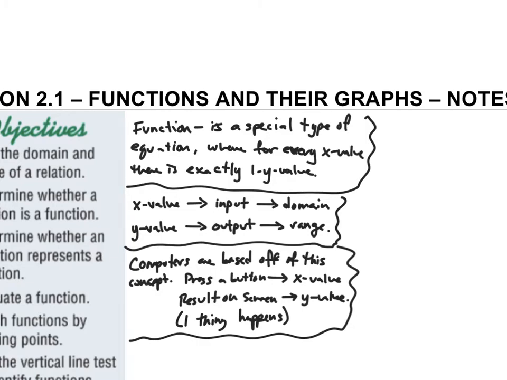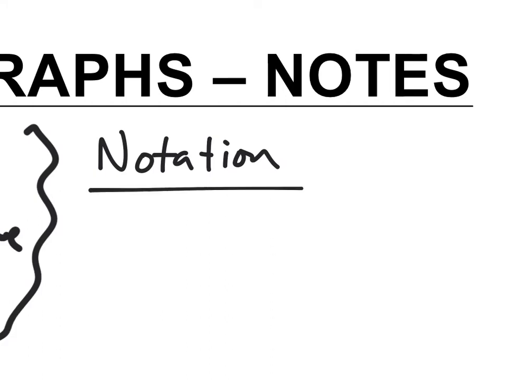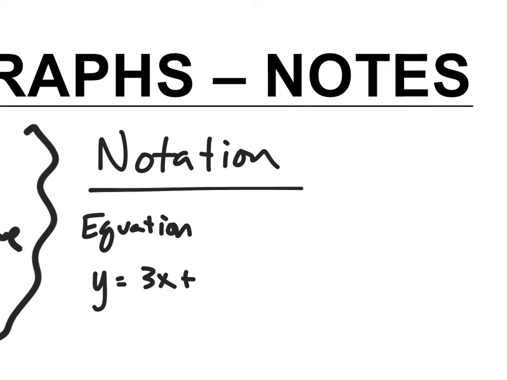Let's also talk about a little bit of notation. Remember, we have special types of equations where for every x there's one y value. So what I want to do is write out the equation y equals 3x plus 1.